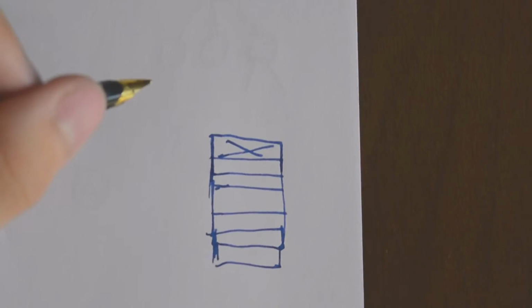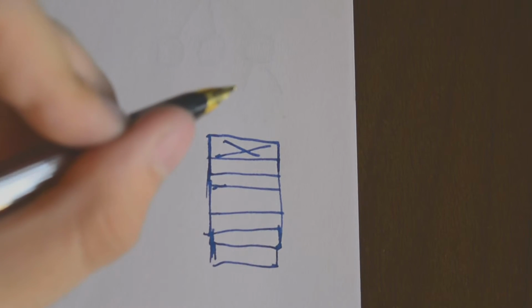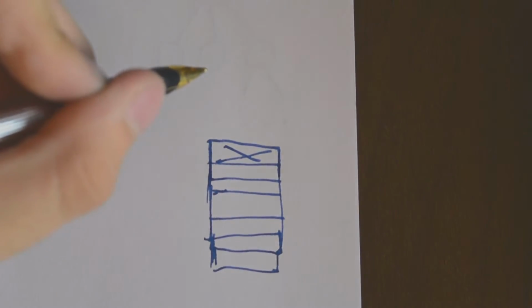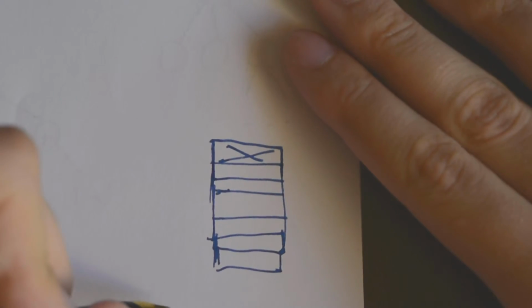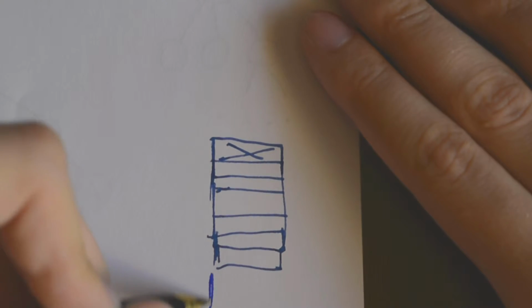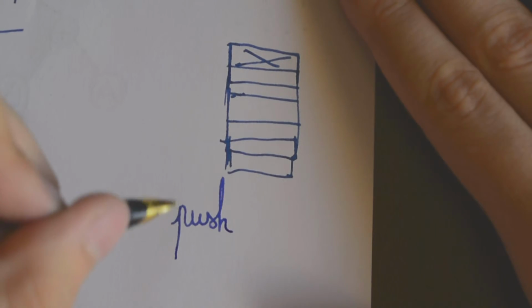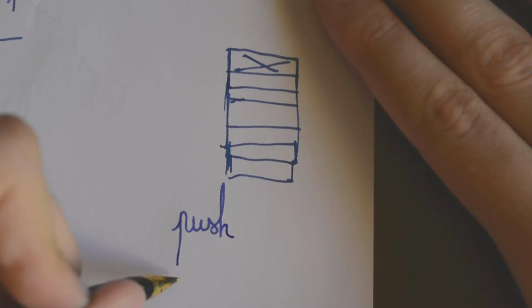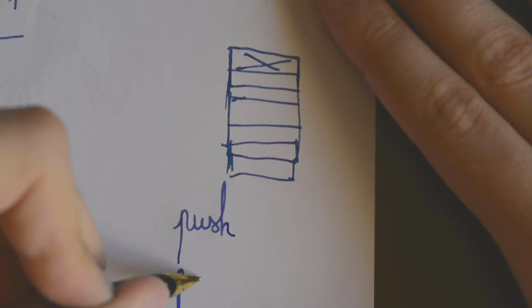So you start from right to left and put into the stack. Now, the operations that you can perform on a stack are called push. When you put an element onto the stack, it's called a push. When you get an element out, it's called a pop.